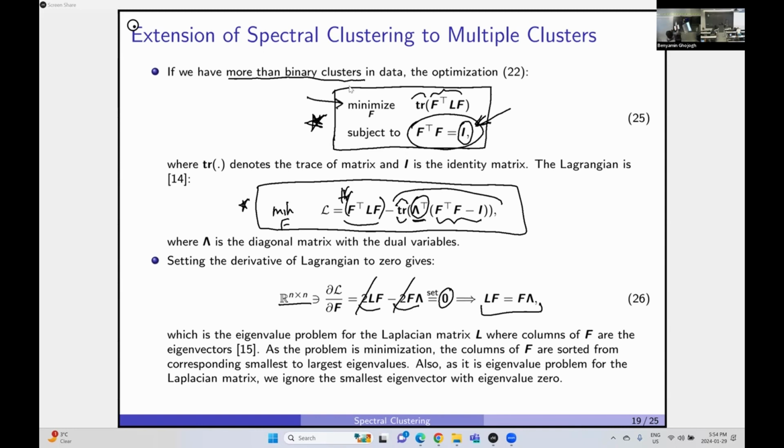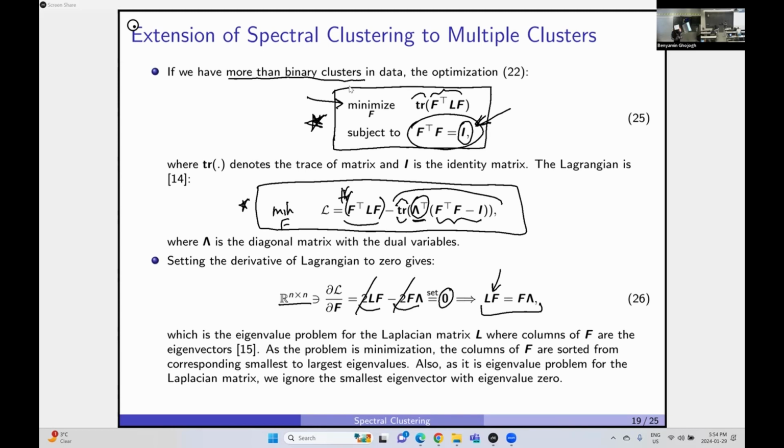Because it is a minimization problem, I sort the eigenvectors and eigenvalues from the smallest eigenvalue to the largest in ascending order, right? Because it's minimization. If it was maximization, I would sort in descending order. So we find F, but again, we ignore the first eigenvector with the 0 eigenvalue.